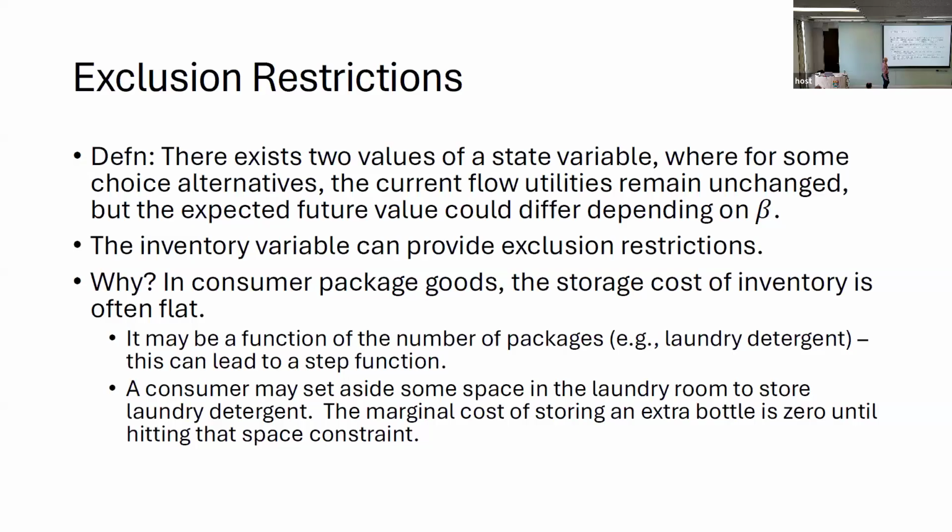Sometimes some households may even just set aside some space in the laundry room for storing laundry detergent. You may just set aside some space in your kitchen cabinet to store breakfast cereals. And so as long as you haven't hit that capacity constraint, your marginal cost of storing an extra unit is basically zero.